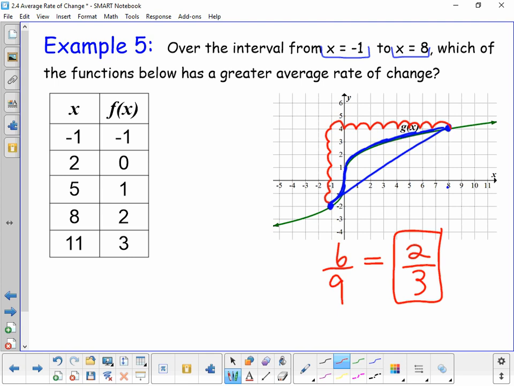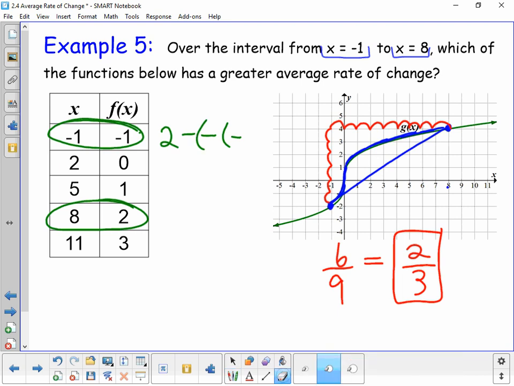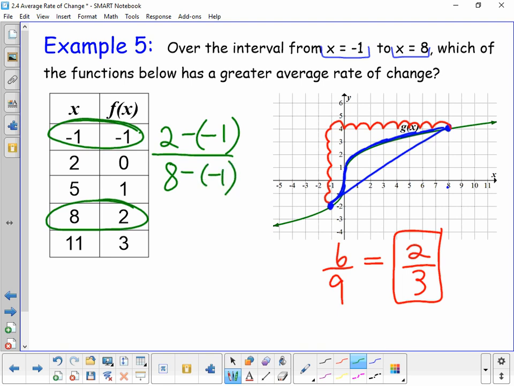Well, now let's look at f of x. F of x is given to us in the table. Again, we're interested in the interval from -1 to 8. So if we calculate that average rate of change, we do y2 minus y1, and we subtract the x's for the denominator, x2 minus x1.